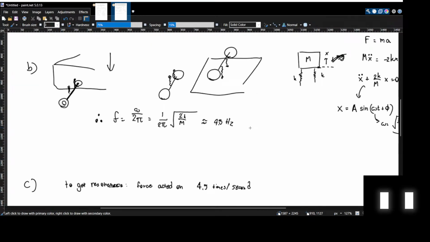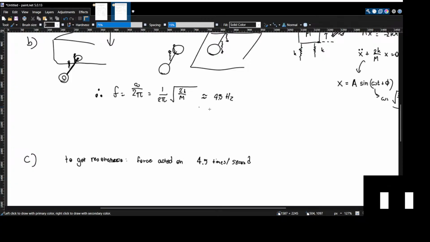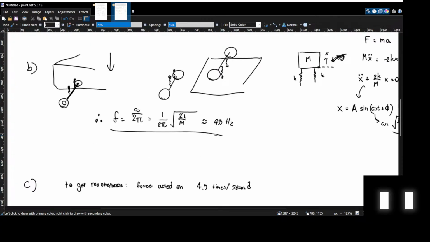That's how you get the resonance frequency, because this is the resonance frequency of the axle, right?